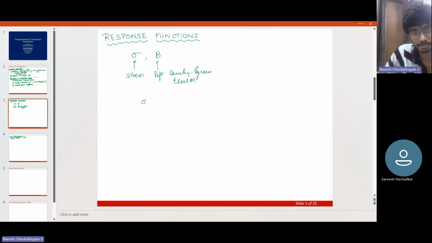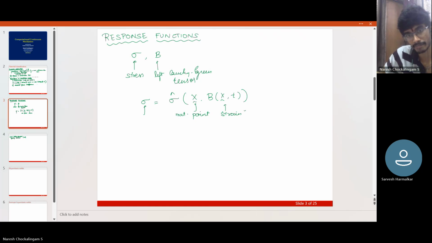The relationship between these two is given something like this: sigma is a function of the point where we are looking, and B. This is the material point, so the constitutive relation can be different at different material points. And this is the kinematic or strain quantity, the left Cauchy-Green tensor. This is the Cauchy stress. The relationship between these two is given by some mathematical function.